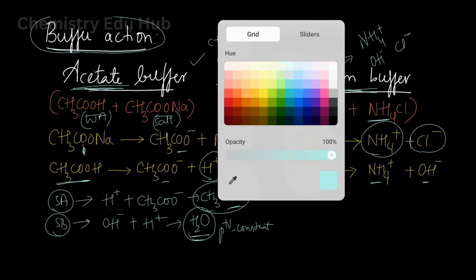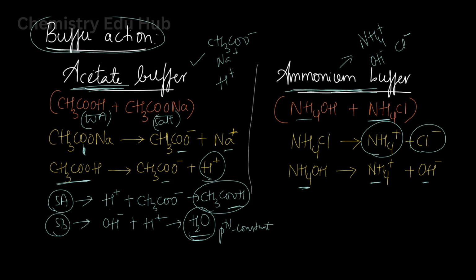The same way, if you look at the basic buffer, suppose you add a strong acid, what happens? H plus ions are supplied. Those H plus ions combine with the OH minus ions present in the buffer to form water. And when you add a small amount of strong base, it supplies OH minus ions.